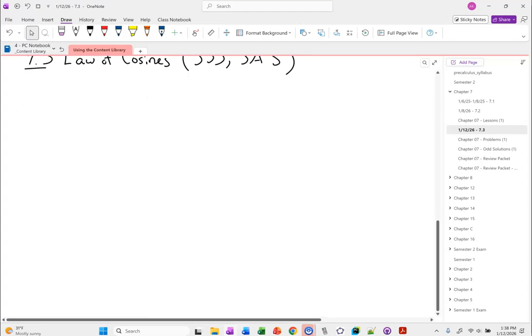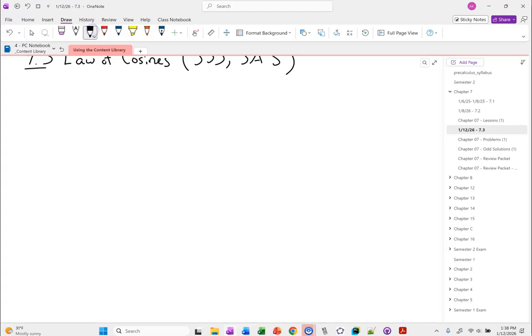Okay, so let's just dive into some examples. Because we wrote down the law of cosines already, right? Let's just write it anyways. So I'm going to rewrite it.